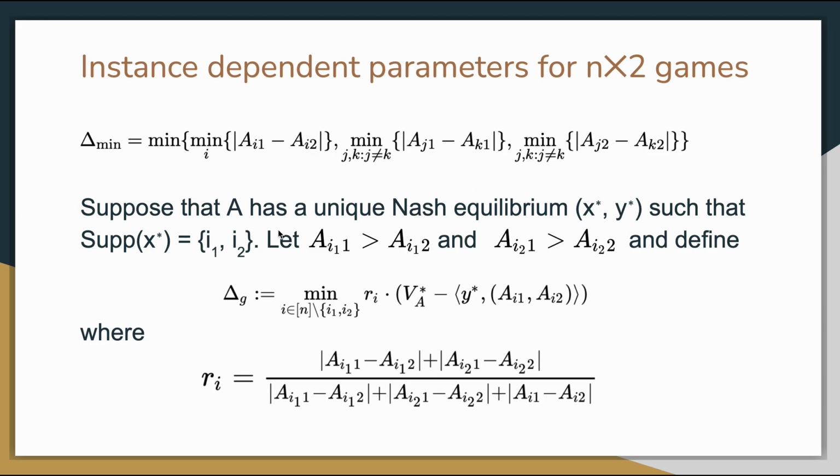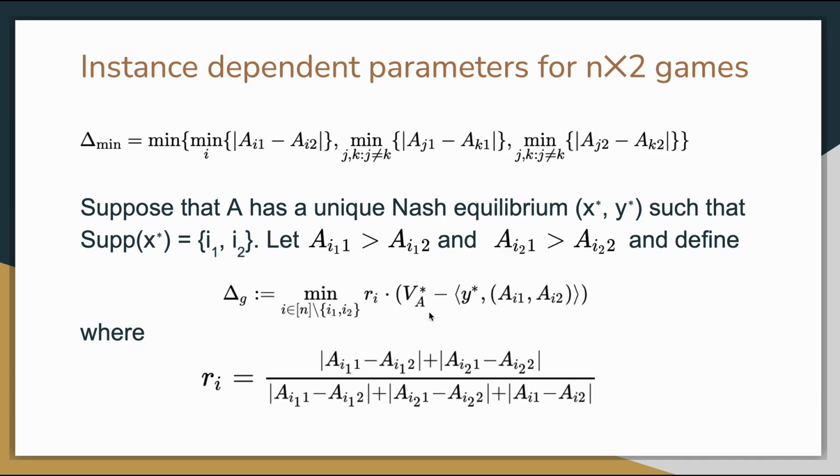Next we go towards a more non-trivial gap parameter. Suppose the matrix has a unique Nash equilibrium x star, y star, and it can be shown that if an n cross 2 game has a unique Nash equilibrium, which is not a pure strategy Nash equilibrium, then the support size would be exactly 2.